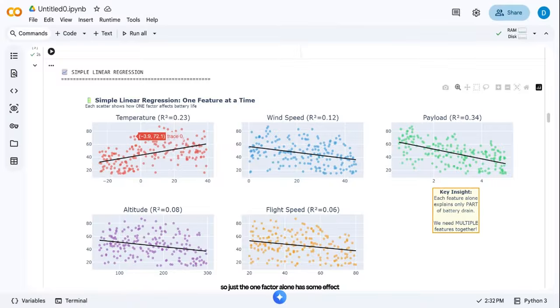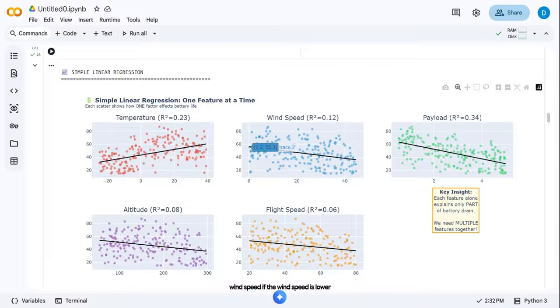That one factor alone has some effect, but not the entire effect. R squared typically means how much of the variance is explained by this particular factor. Temperature explains about 23% of the outcome, so it certainly plays a role, but not the entire role in impacting flight time.